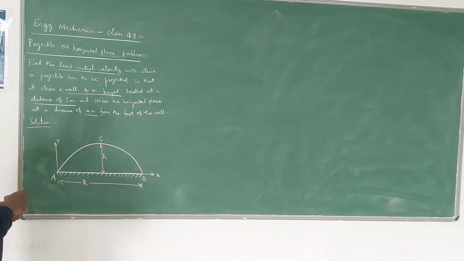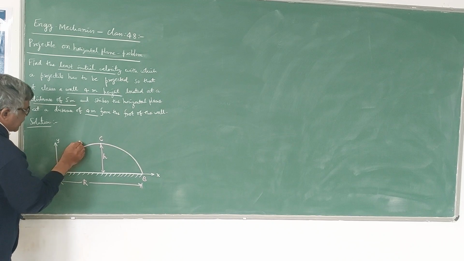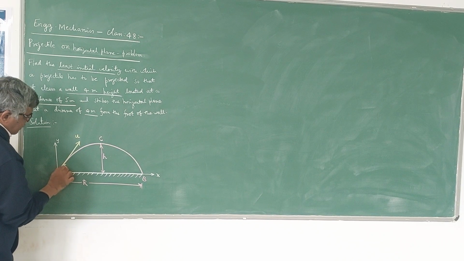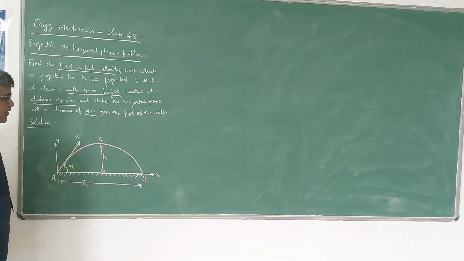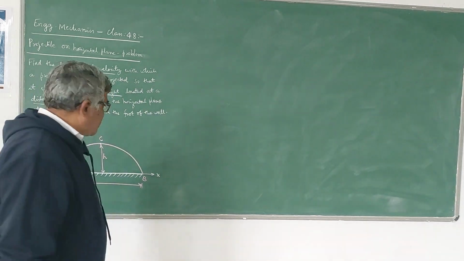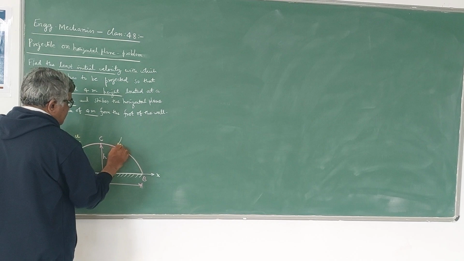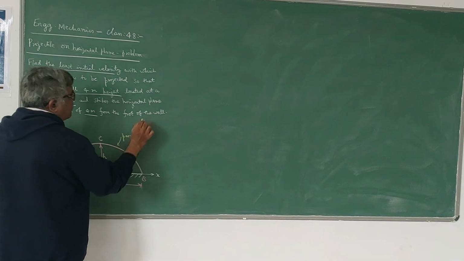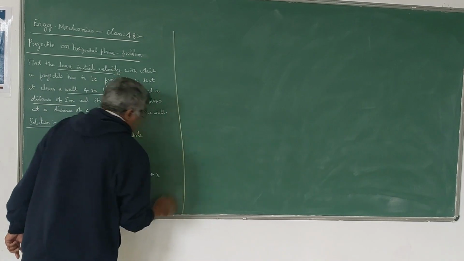And the velocity with which the projectile is projected, I will take it as u, and the angle of projection I will take it as alpha. So this is the diagram. So this is the parabola. Trajectory is a parabola. Now let us see what are the given data.